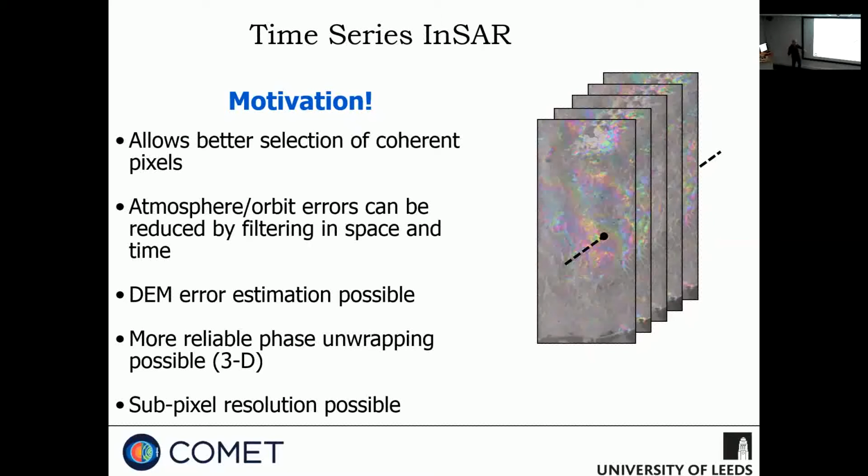And a final point, which is not really relevant if you're only interested in geophysical signals, more relevant if you're interested in infrastructure, is you can actually get sub-pixel resolution, so it can be better than the normal resolution of the interferograms. You can try and locate points to within a meter or so.